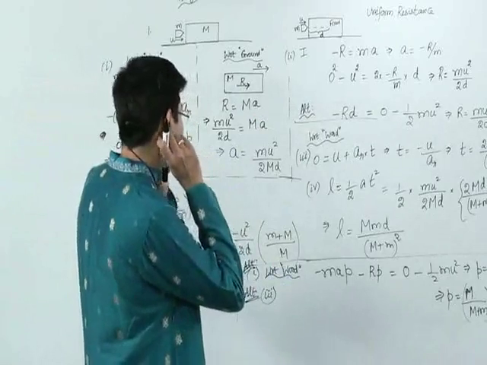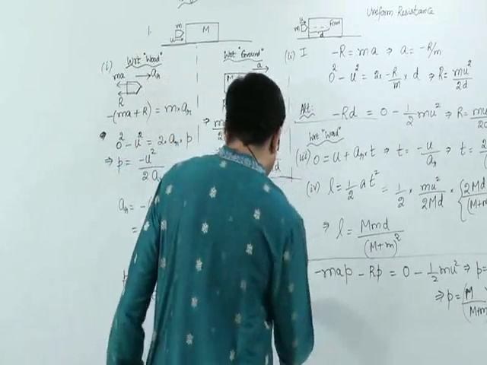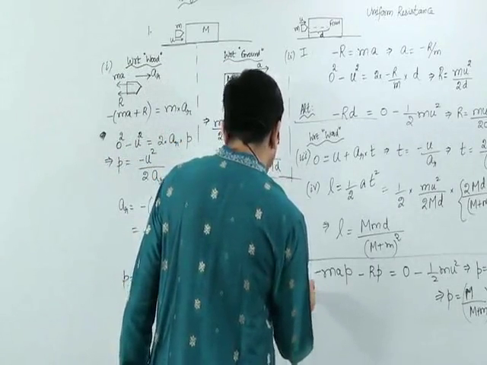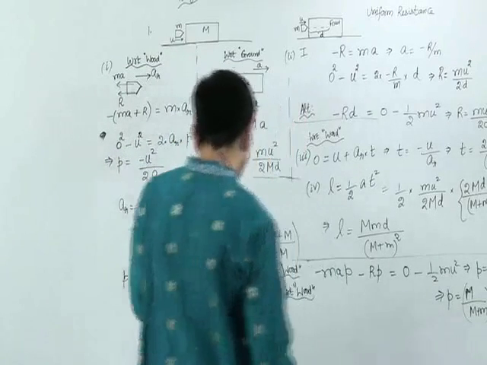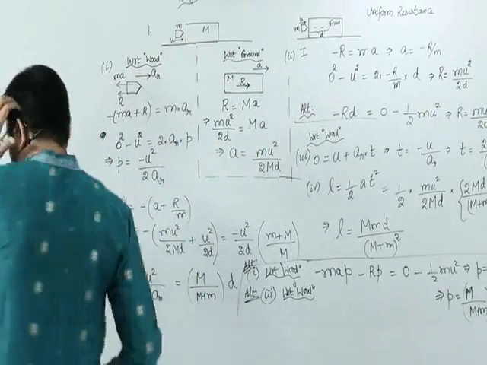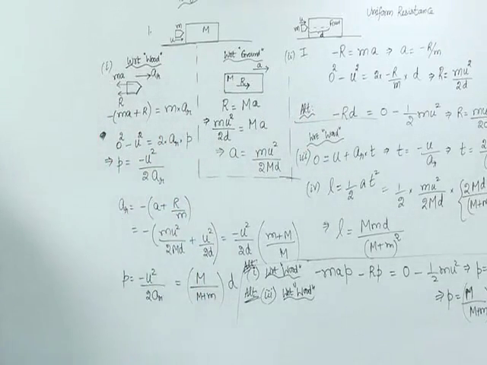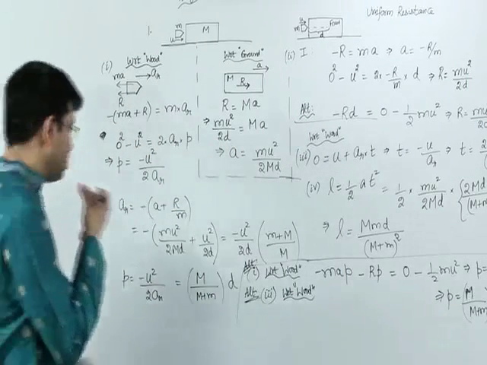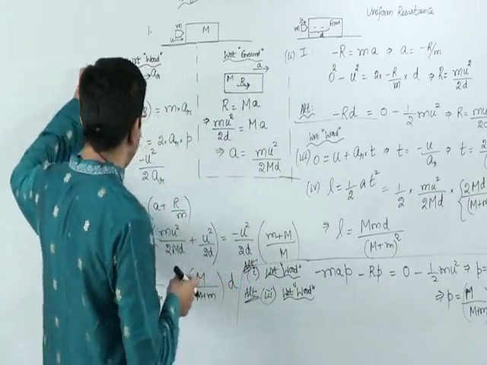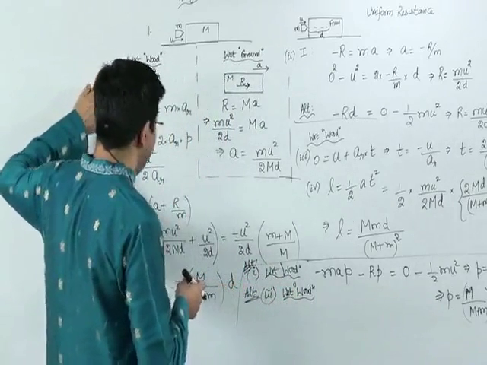Now with respect to which reference frame? With respect to wood, what will be the impulse momentum theorem? With respect to wood, net impulse because of these two forces will be what?